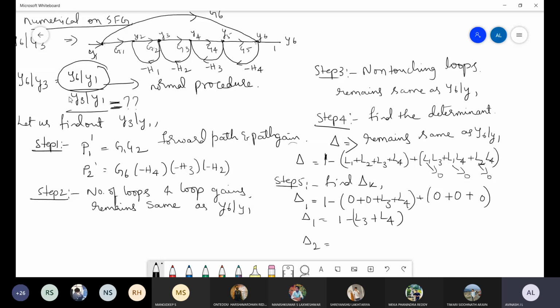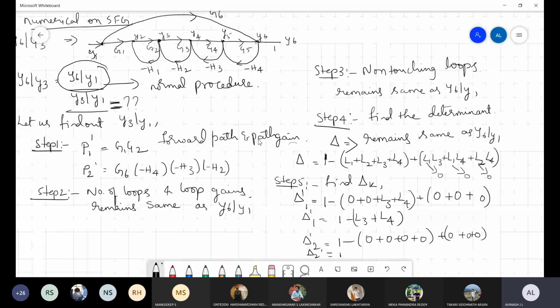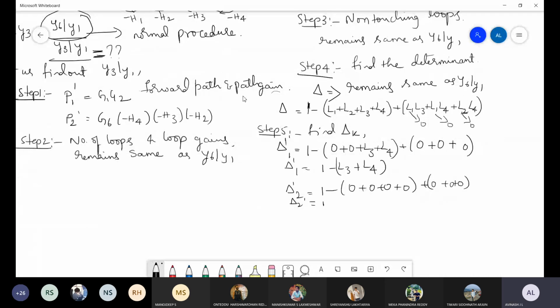So delta 1 dash and delta 2 dash we are talking about. So it will be what? 1 minus. All loops are touching, so all values will become 0. When all values are becoming 0, we are left with delta 2 dash equal to 1.